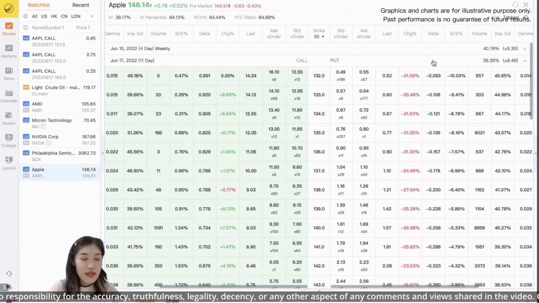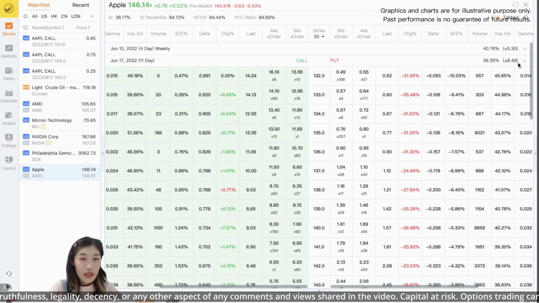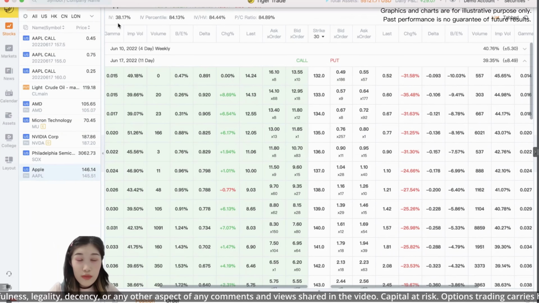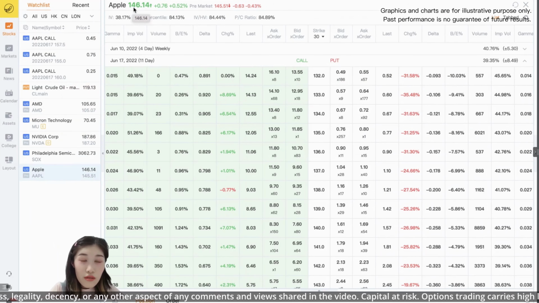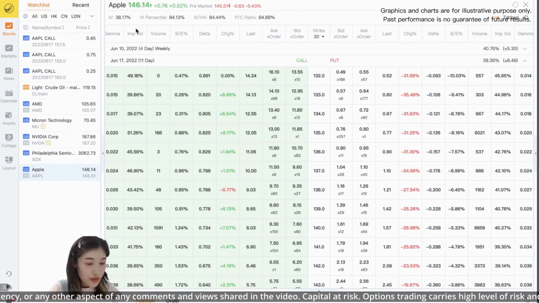Now that we have decided on a date, let's figure out the strike price. Given that Apple is going to fluctuate between negative 8.49 and positive 8.49, and considering the current price 146, which adds up to 155.